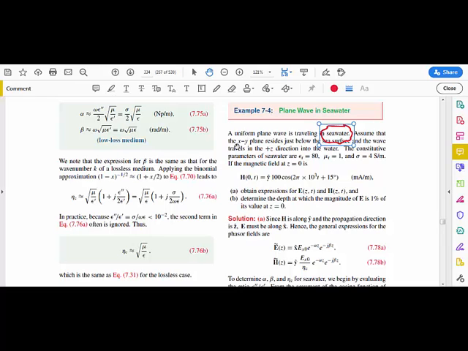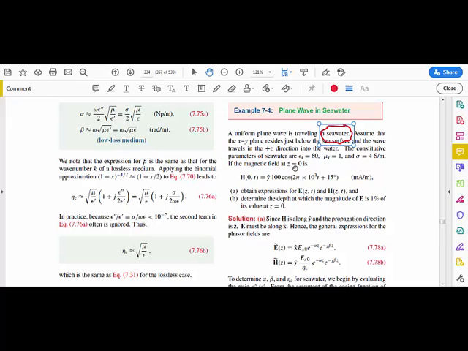Assume that the plane wave travels in the positive z direction into the seawater, and the constitutive parameters of the seawater are: the relative permittivity is 18, the relative permeability is 1, and the conductivity is 4 Siemens per meter.